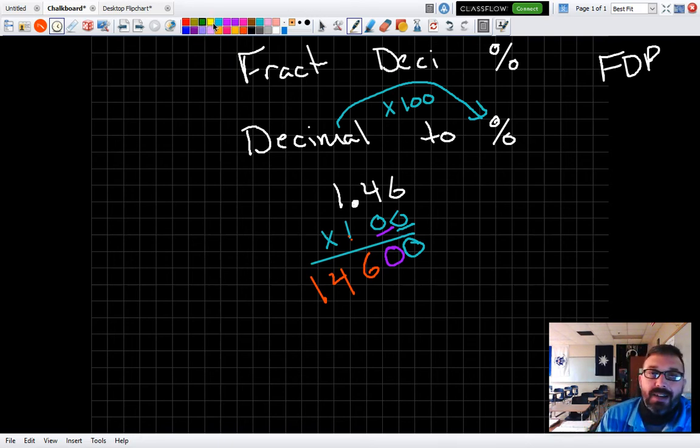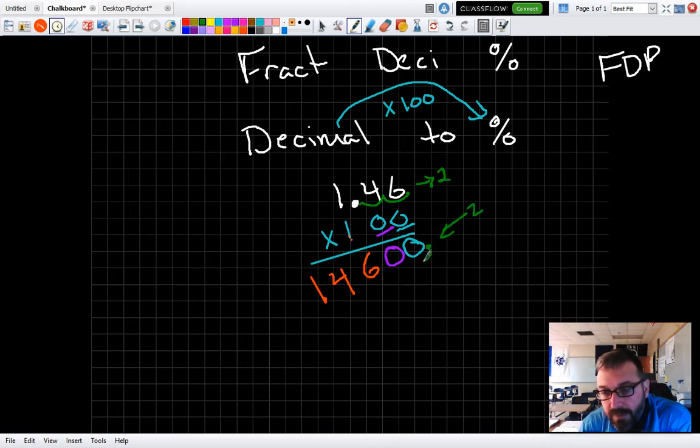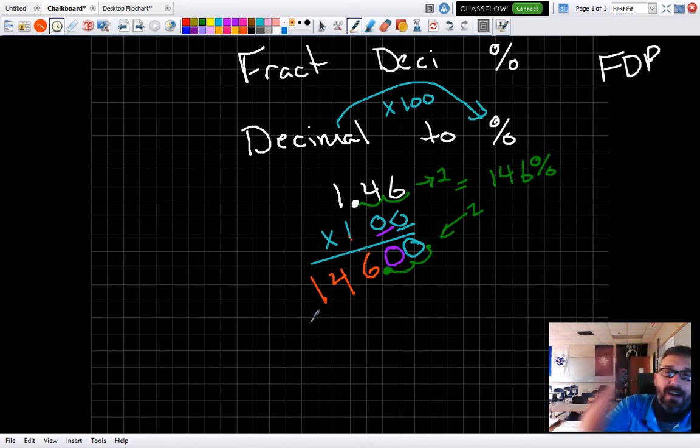I am not done because I am multiplying with decimals. I stole my decimal 2 times. I have to give 2 back. That means the percent equivalent of 1.46 is 146%.